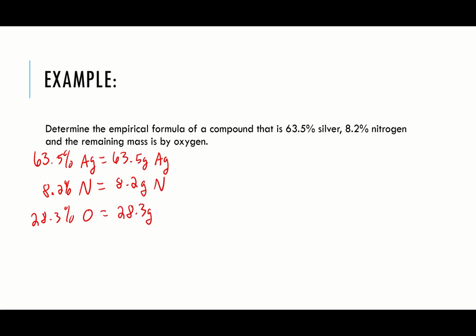The reason why we want grams is so that we can begin finding our mole ratios. Now that we've got grams, we can convert them each into moles by dividing by their molar masses. So I'm going to go through for each of these elements and convert them into moles.